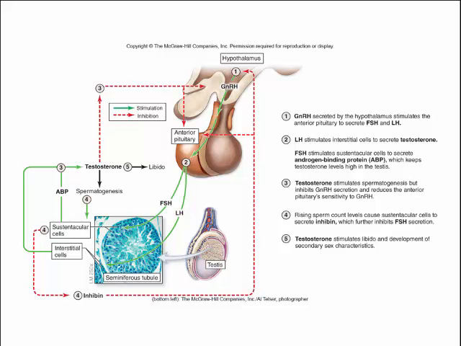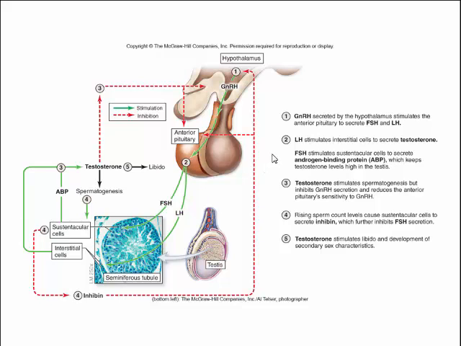Hormonal regulation of male reproductive function begins in the hypothalamus with GnRH, gonadotropin-releasing hormone, which is chronically secreted in males. It travels to the anterior pituitary through the portal system between the hypothalamus and the pituitary. Primary hormones secreted by the anterior pituitary in males are FSH and LH.